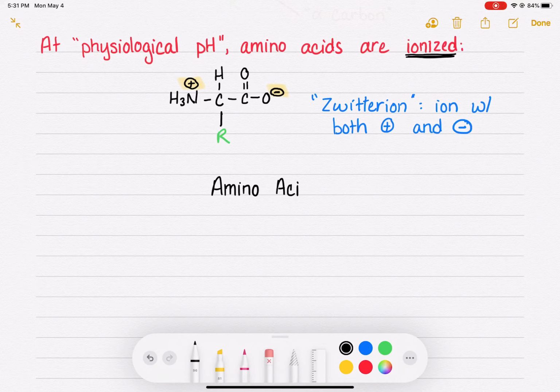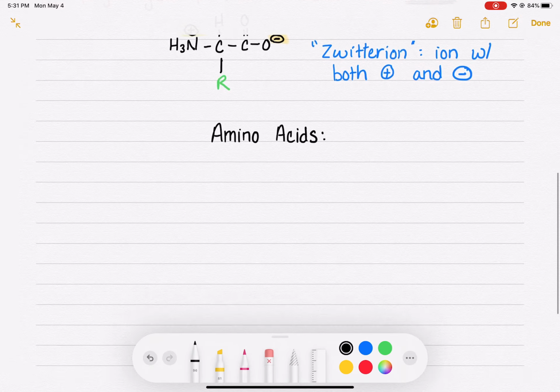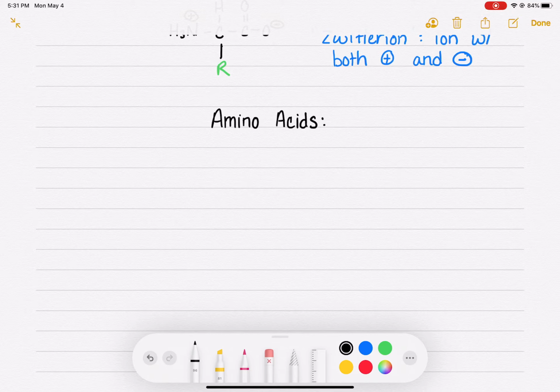Now, I like to have a table like that one that I just showed you that already has the amino acids categorized. But if you don't have a table that already has the amino acids categorized, you can use this little flowchart type thing to categorize them for yourself. So the first way we'll distinguish amino acids is by calling them either nonpolar or polar, which are words that you heard and used in Chem 121.